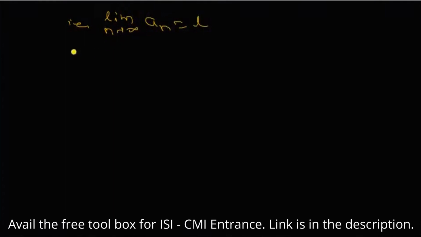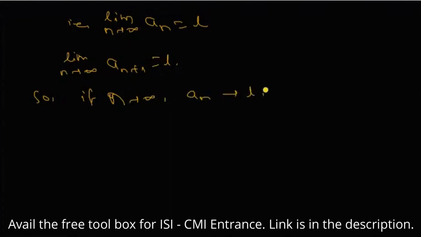So if n tends to infinity, then obviously n plus 1 will also tend to infinity, and this will also be L, right? So if n goes to infinity, a_n will go to L, and a_(n+1) will also go to L, right?